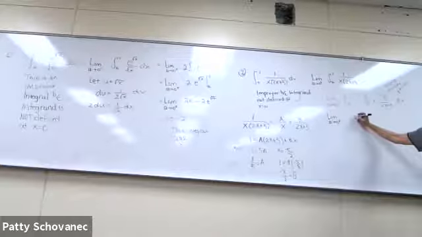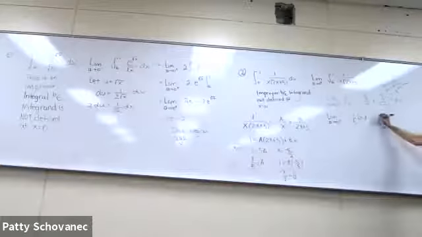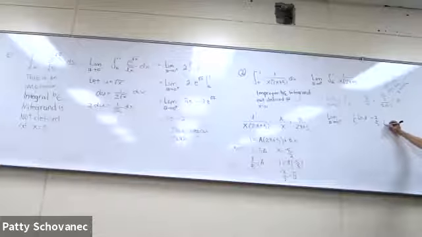So this becomes 1/5 times the natural log of x. I don't need the absolute value bar since I'm in a positive range. And this becomes, once I multiply this 2/5 times the 1/2, that's going to be another 1/5. And that's going to be a natural log of 2x plus 5. Then we evaluate that from a to 1.